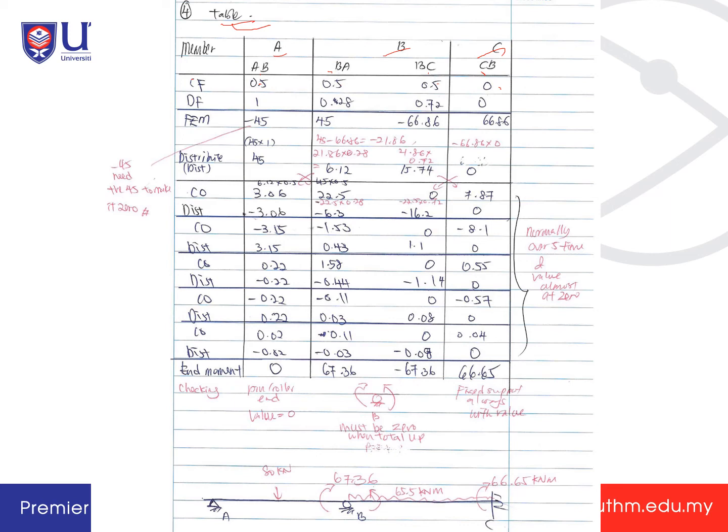And the DF will be 1, 0.28, 0.72 and 0. So FEM you calculate from just now, step 3, you will get negative 45 at A, 45 at B, negative 66.86 at B, and then CB is 66.86.